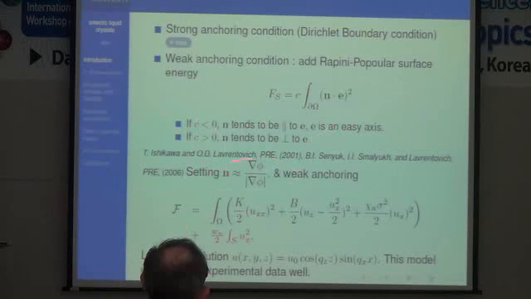With that model, he identifies the director as the layer normal, grad phi over its modulus, with the weak surface energy, and they also made an ansatz to look for a solution of this type. This model explains the experimental data a lot better than the previous one.